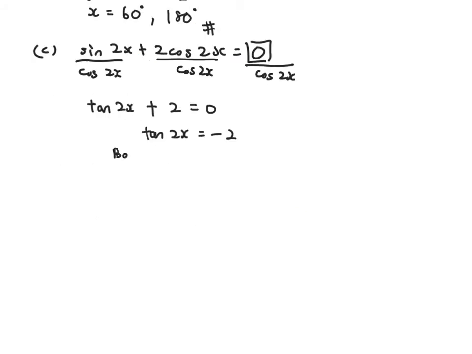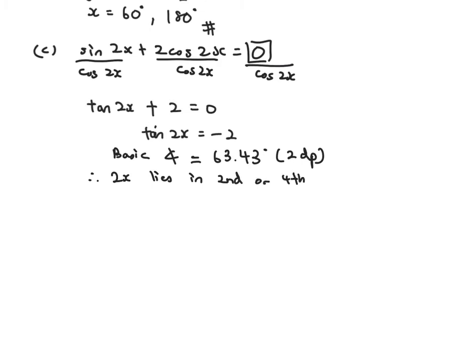Here the basic angle of 2x will be equal to 63.43 degrees. Working is 2 dp. And then since tangent is negative, we know that it lies in the second or fourth quadrant. So therefore 2x lies in the second or fourth quadrant.